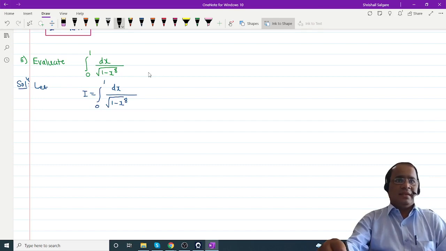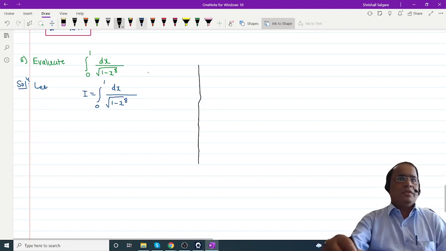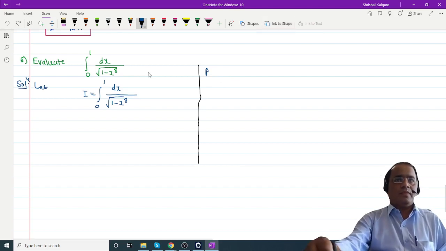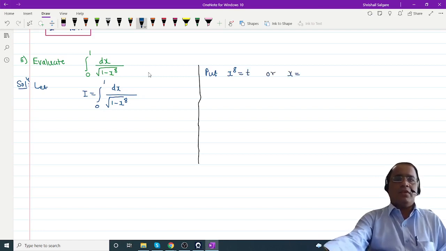Yes, can anyone guess the substitution? x raised to 8 equals t, sir. Good. Here directly the 1 minus t term we require. That's why put x raised to 8 is equal to t, or x is equal to t raised to 1 by 8.